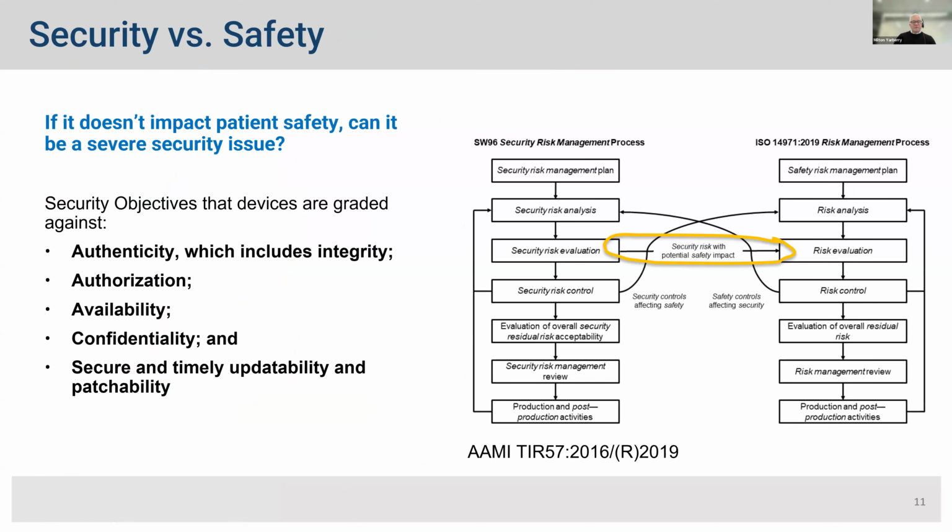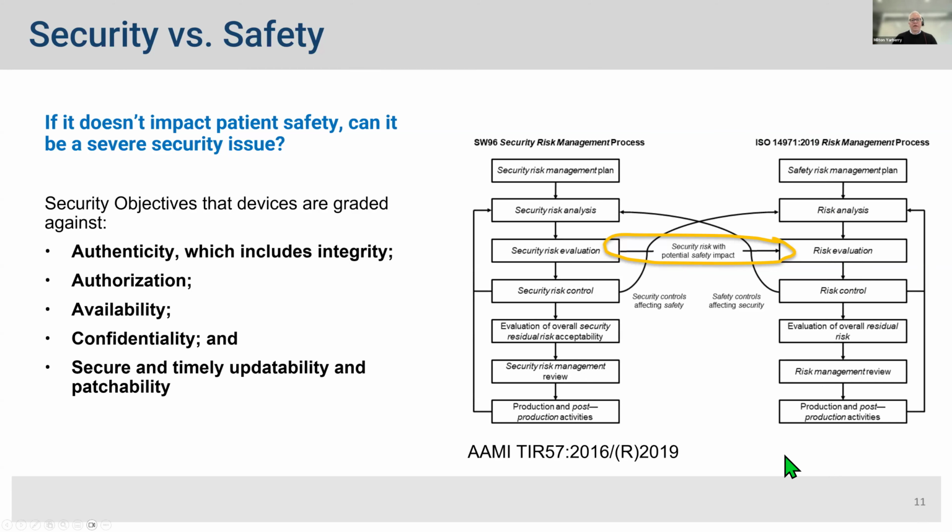Towards the idea of security versus safety. The diagram on the right there is from TIR 57, which shows the classic comparison of two processes. The stack of boxes on the right is the traditional product risk management process, so the traditional product safety picture.